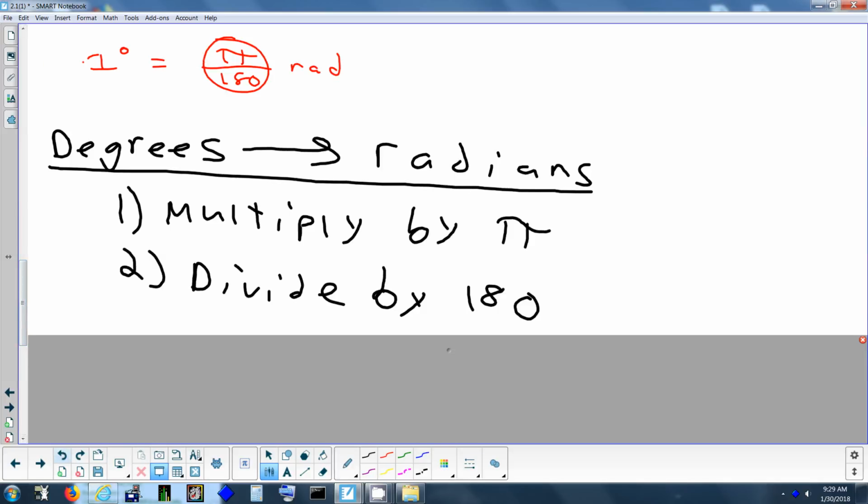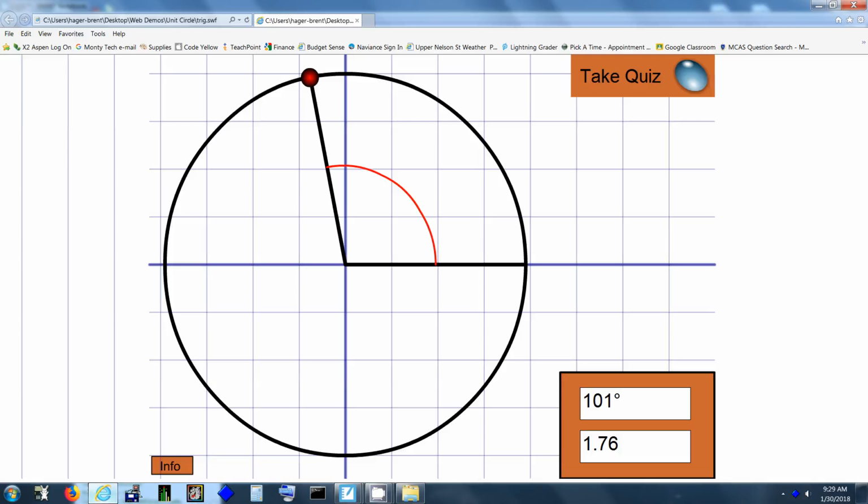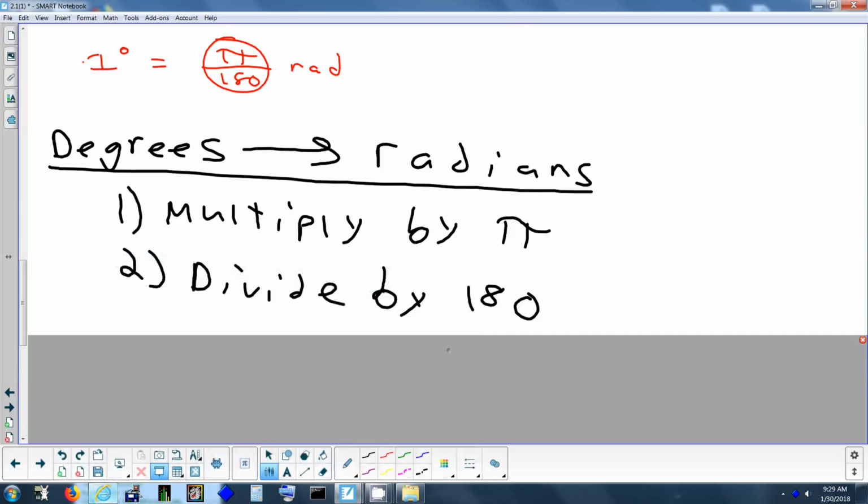And when we multiply by pi, we don't normally write 3.14, we just leave pi. Just like this program leaves pi in the answer sometimes. They didn't write 3 times 3.14 divided by 2. They just leave the pi. Okay, so that's degrees to radians.